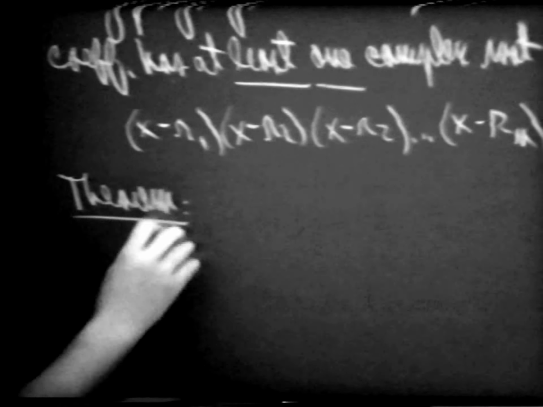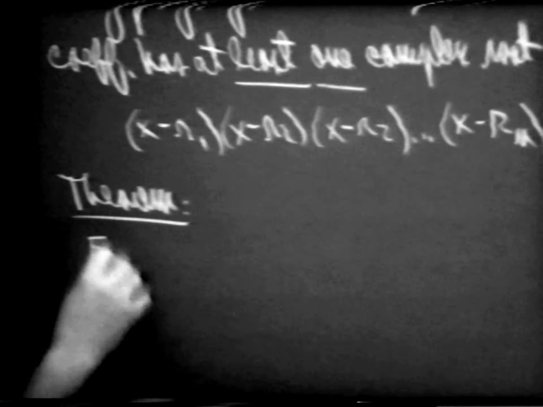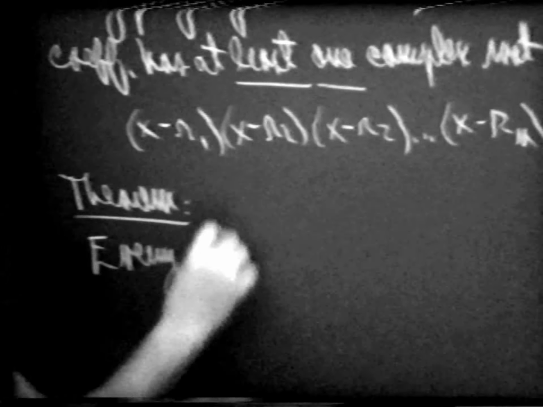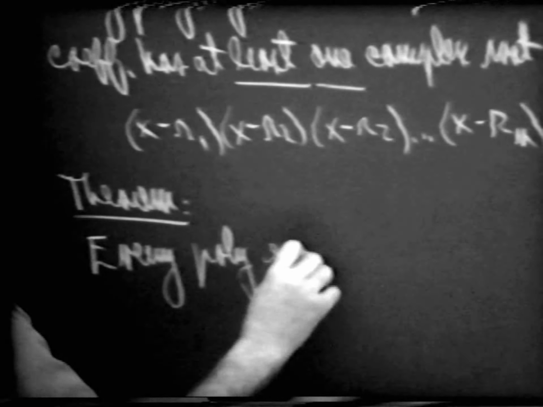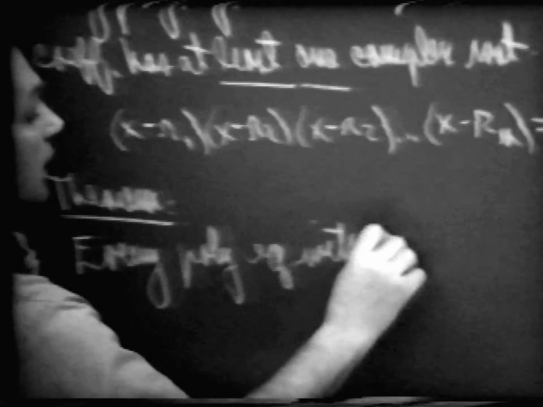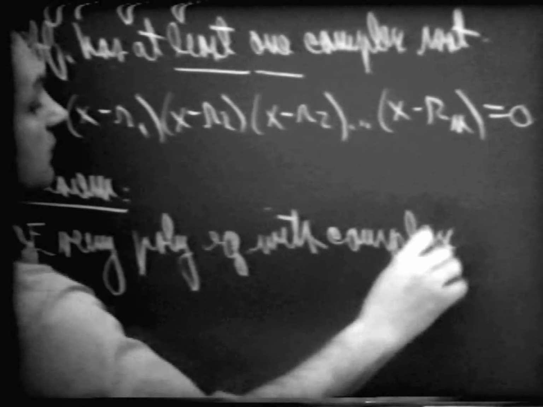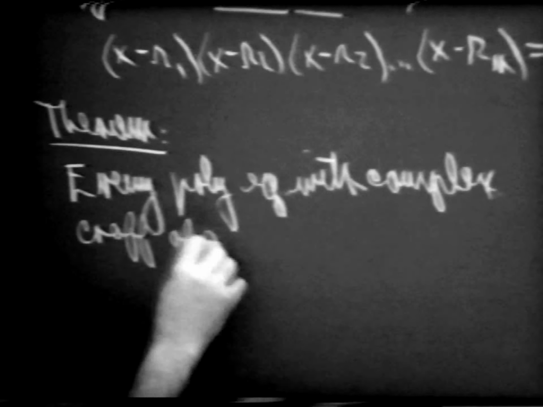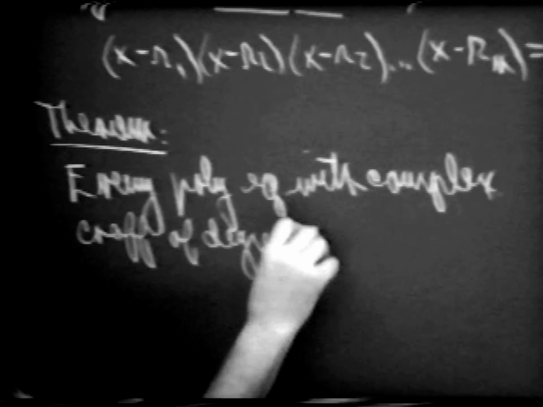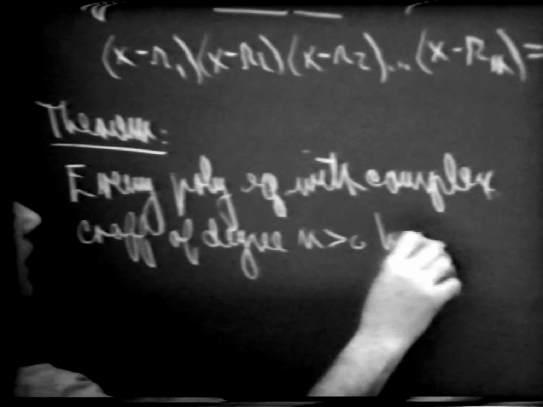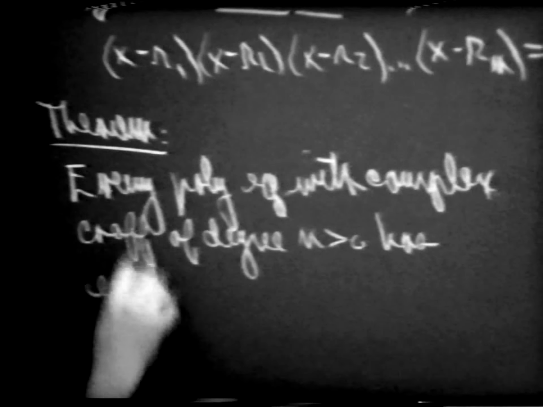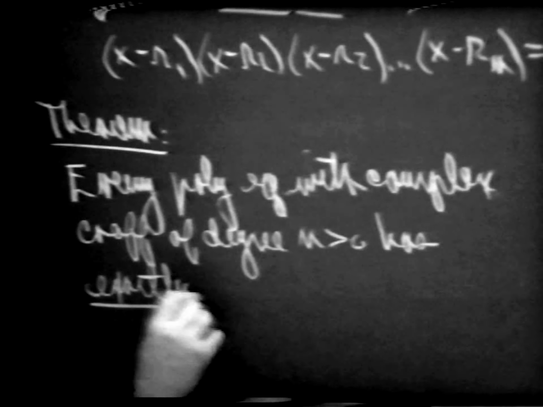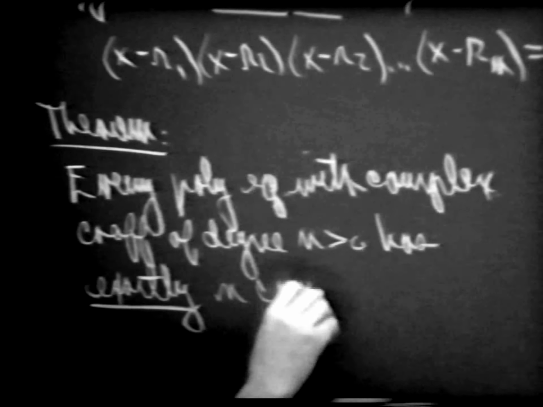We're not going to prove these two statements. Every polynomial equation with complex coefficients, notice now we are over the set of complex numbers, of degree n greater than 0, has exactly n complex roots.